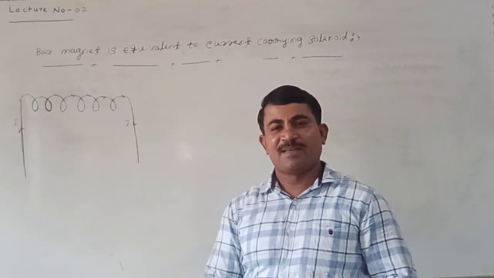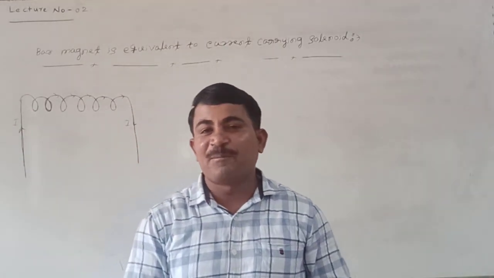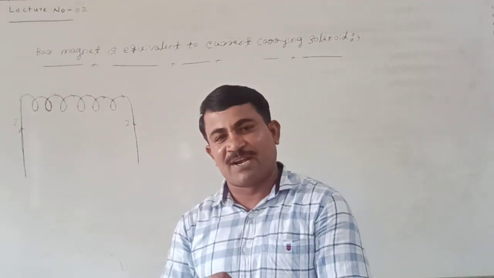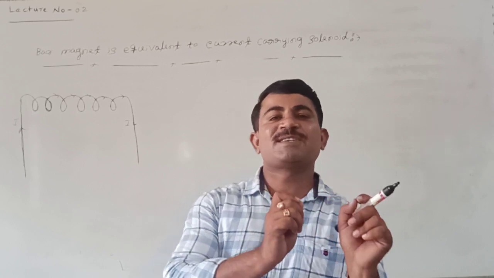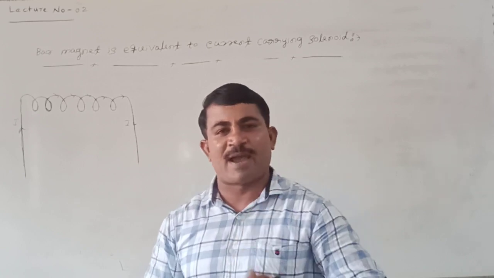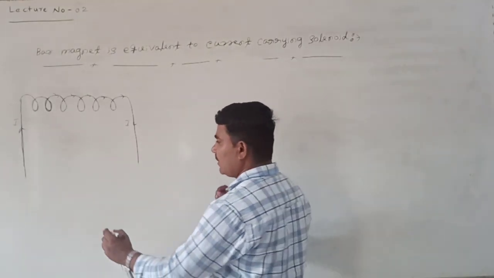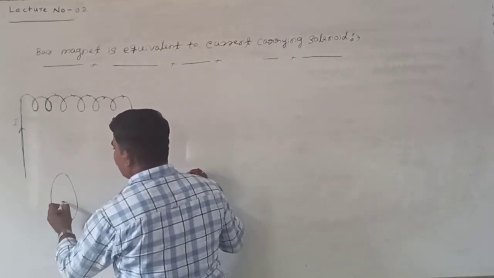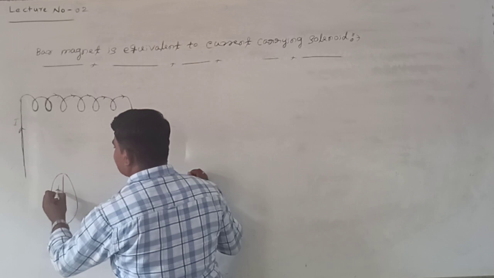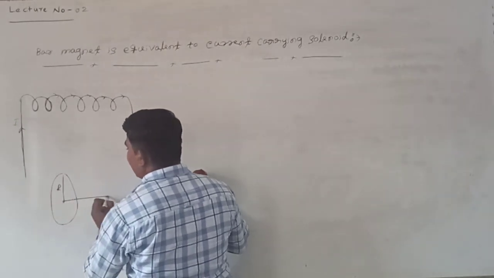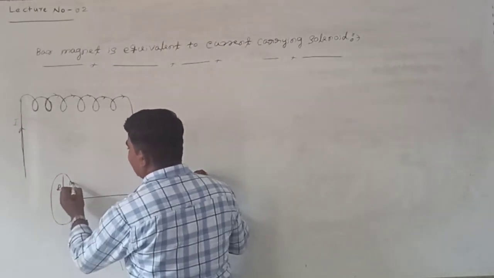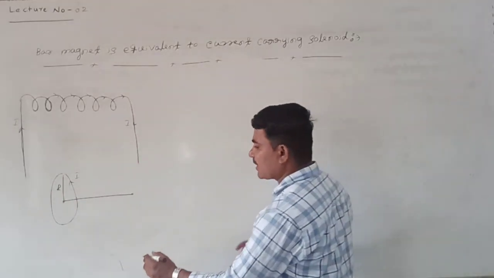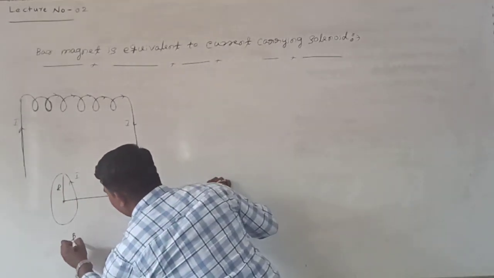Are you following me? According to the application of Biot-Savart law, on the axis of a current carrying circular loop, we found the magnetic field. See here, this is one circular loop. This circular loop has this much radius. We found the magnetic field along the axis of the current carrying loop. How much magnetic field did we find?